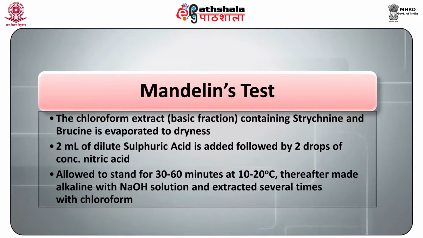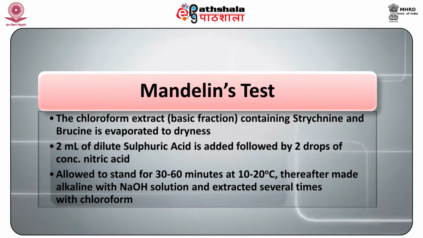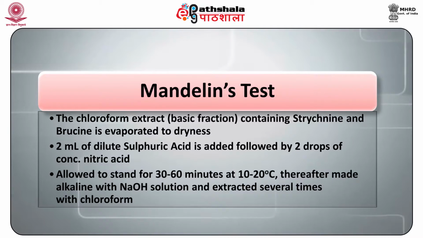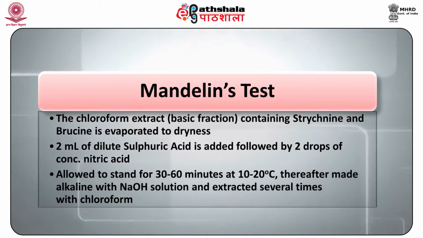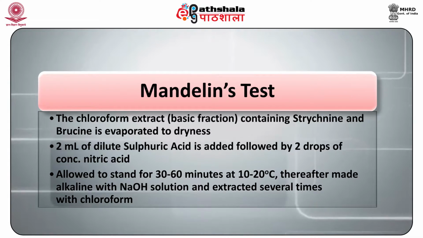First of all, it is necessary to separate strychnine from brucine. The chloroform extract, that is the basic fraction containing strychnine and brucine, is evaporated to dryness. 2 ml of dilute sulfuric acid is added, followed by 2 drops of concentrated nitric acid.